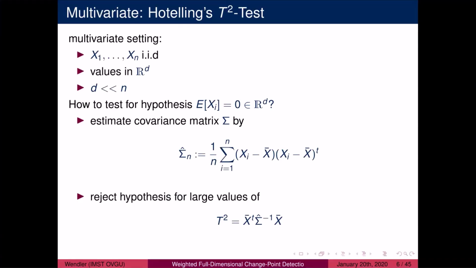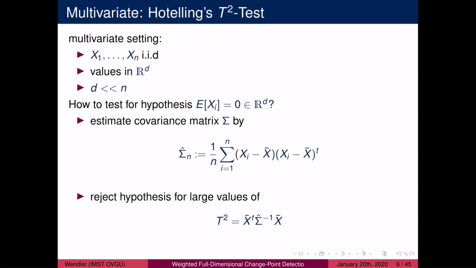So we now have IID vectors, and we want to test the null hypothesis that the expectation is the zero vector. What do you do? You estimate the covariance matrix, take its inverse, and multiply it from left to right with the sample mean of these vectors.